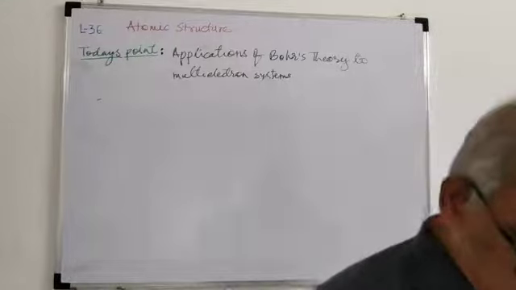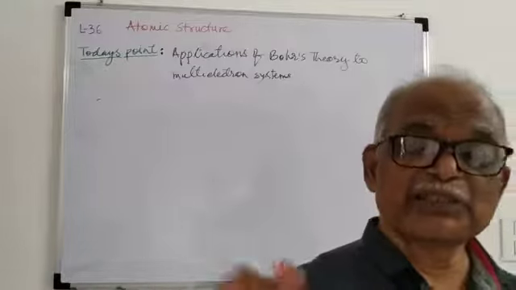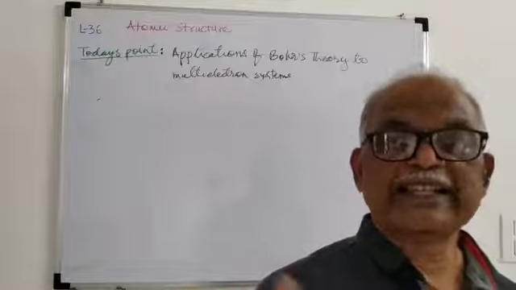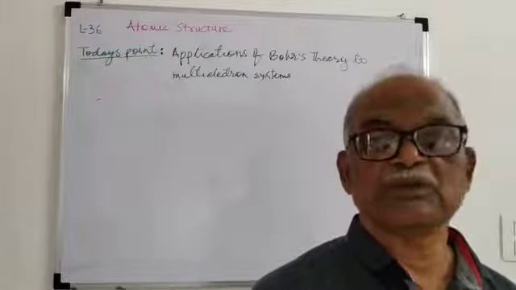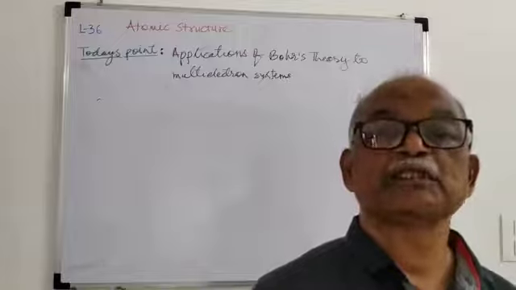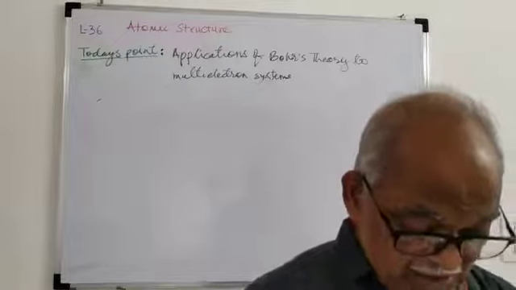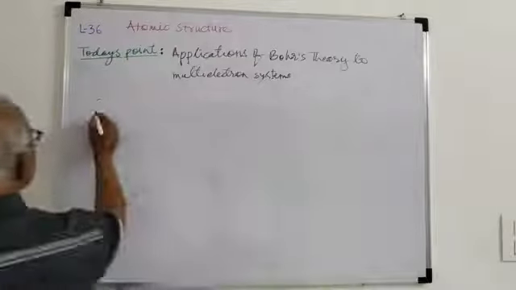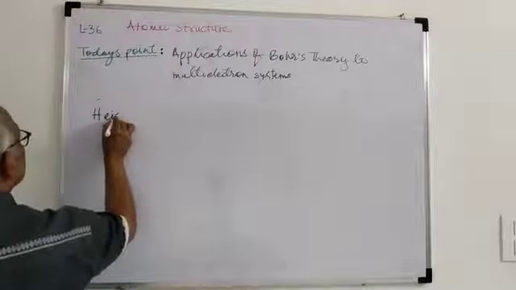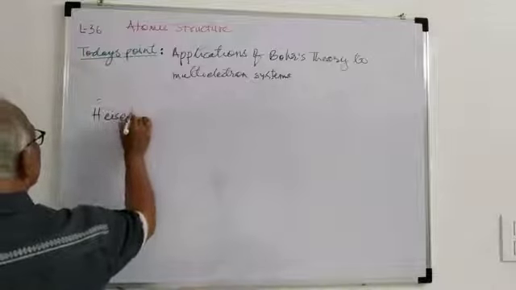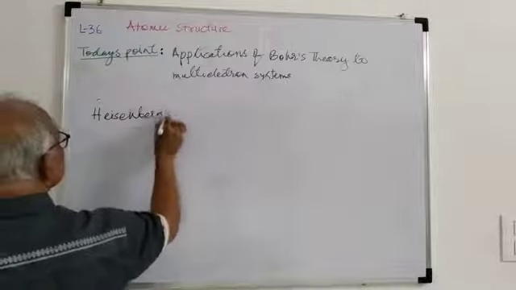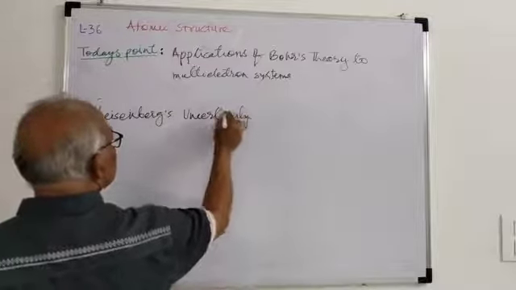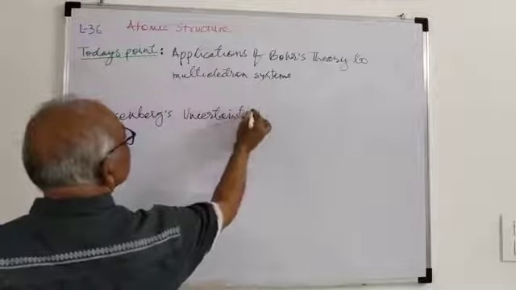De Broglie's concept, introduced in order to explain the wave nature plus the particle nature of the electron, is also to be explained together, and this was explained by Heisenberg's uncertainty principle.